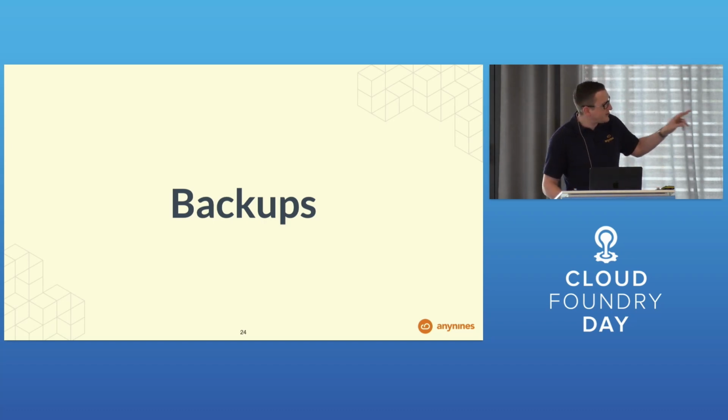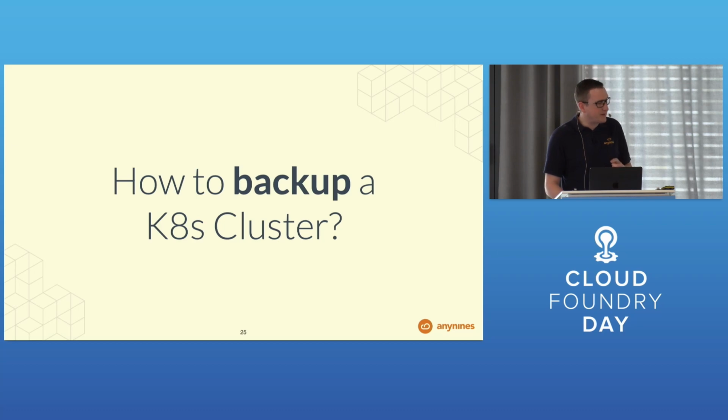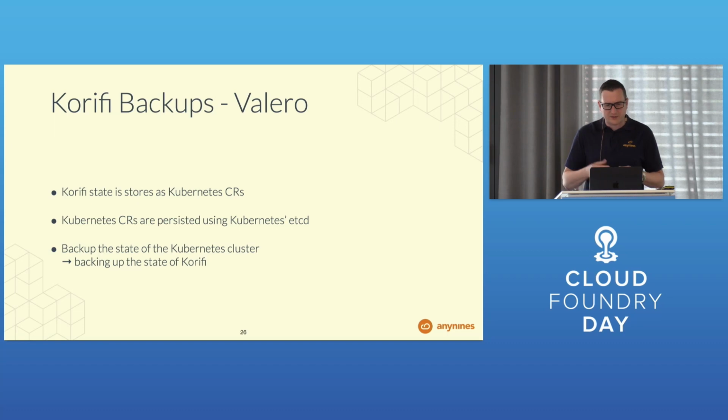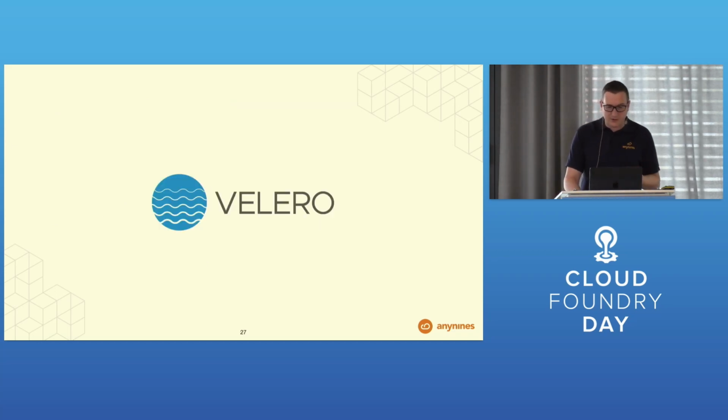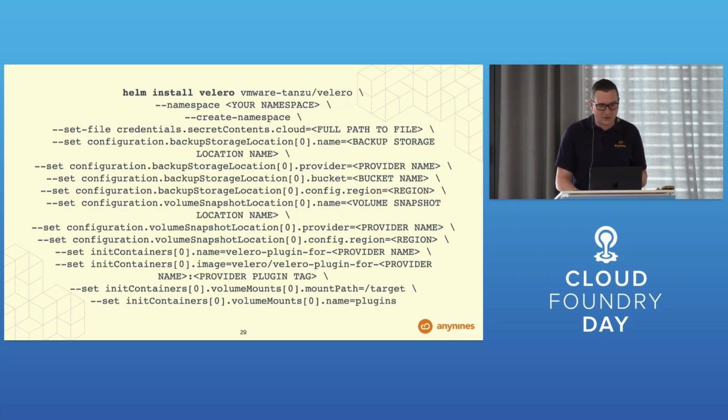Now we don't have so much time, so if you look into how to make a backup for Korifi, it boils down to making a backup of a Kubernetes cluster, because Korifi uses custom resource definitions, and custom resources are stored as objects in the etcd. If you think about making backups of a Kubernetes cluster, you'd be looking into something like Velero, for example, which has a Helm chart, which is nice because it's similar to Korifi itself.